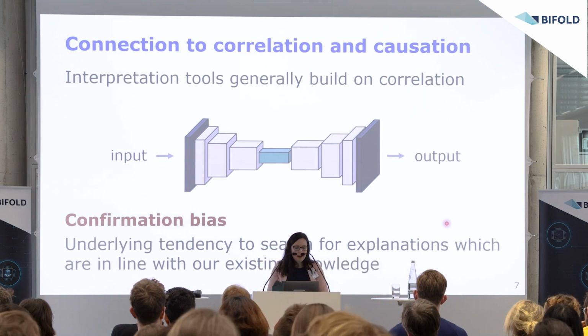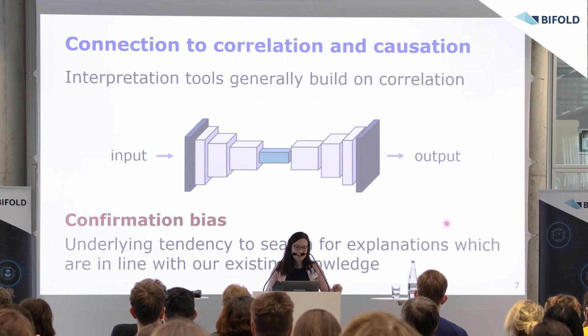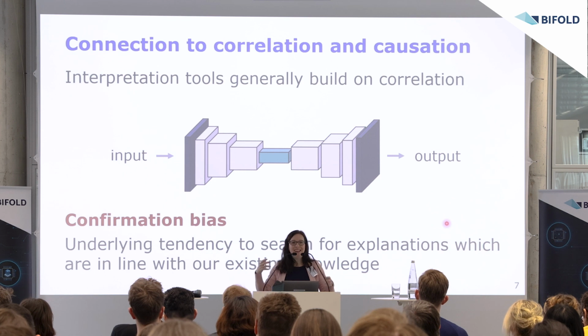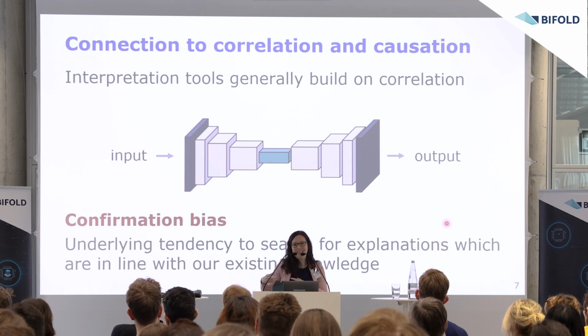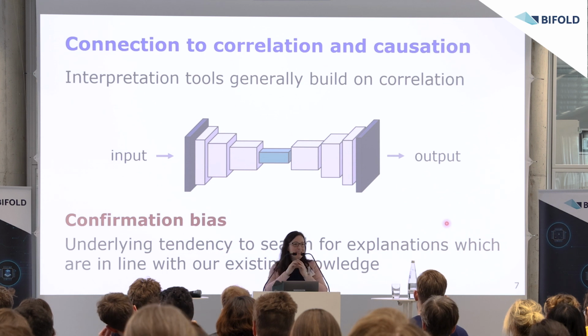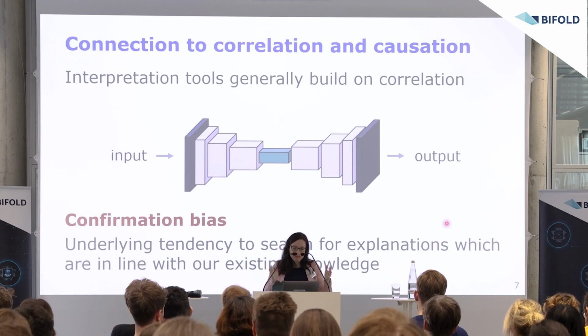So we need to take care about confirmation bias. We have an underlying tendency to search for explanations which are in line with our existing knowledge. So we might think we found something in our data because we really want to see it, but actually it was not the case.